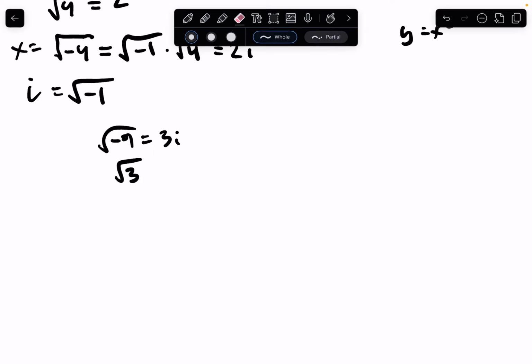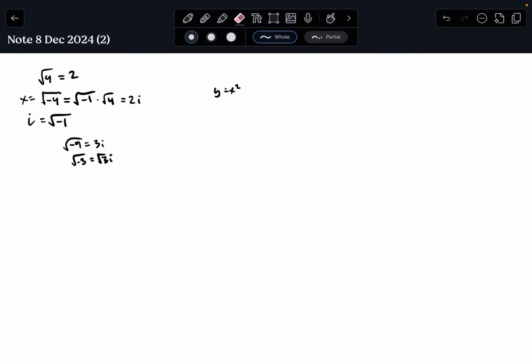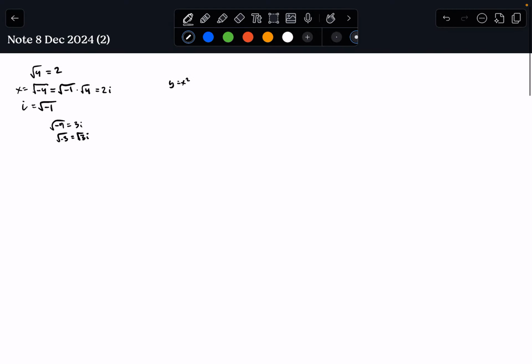Square root of -3 would be equal to root 3 i, and so on. So basically, this minus here is not an obstacle for us anymore because of this imaginary unit we have defined as i. Now, this right here would just be called an imaginary number. Okay? This is an imaginary number.